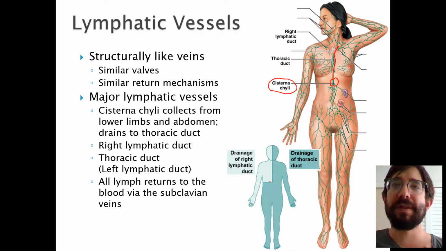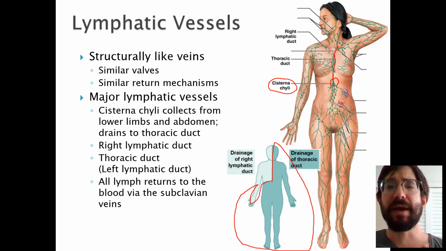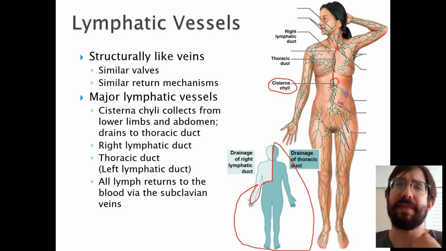There's an image showing that thoracic duct. It collects almost all the lymph in your body: all the lymph from your abdomen and lower limbs, and from the left side of your head, chest and arm.